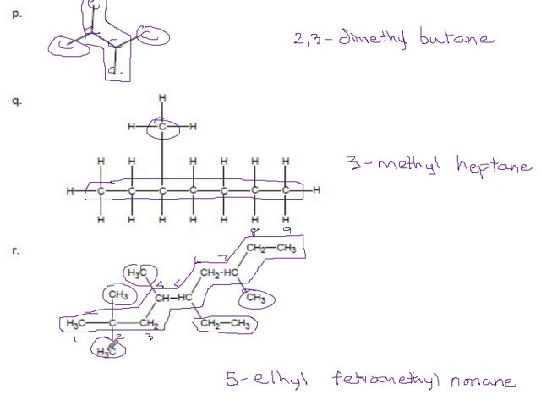So there's 2 methyls on carbon number 2, so we're going to have 2, 2, and then we have 4, and carbon number 4 has a methyl group, and so does carbon number 7. 2,2,4,7 and little dash in there. 5-ethyl-2,2,4,7-tetramethylnonane. Just rolls off the tongue, doesn't it?